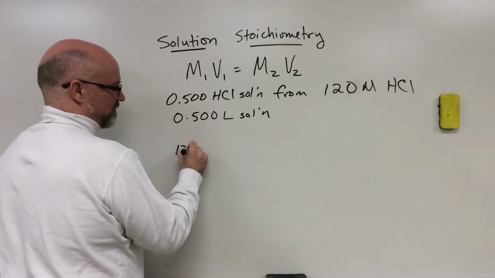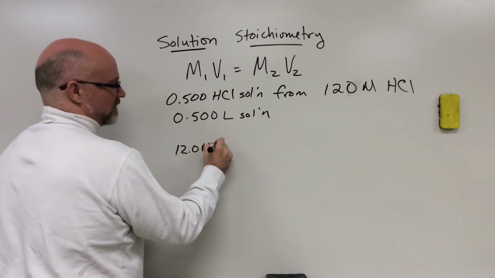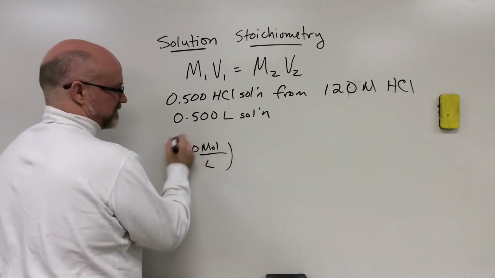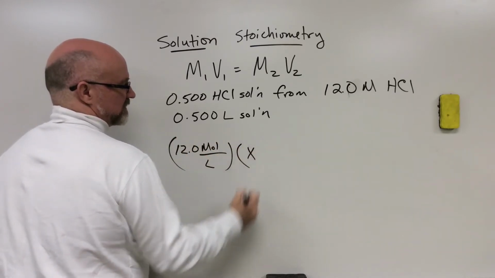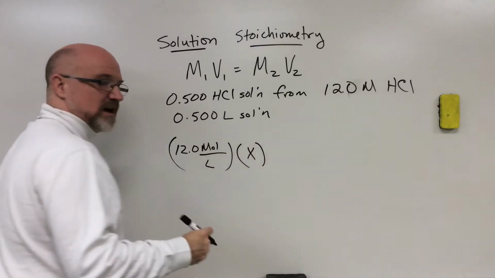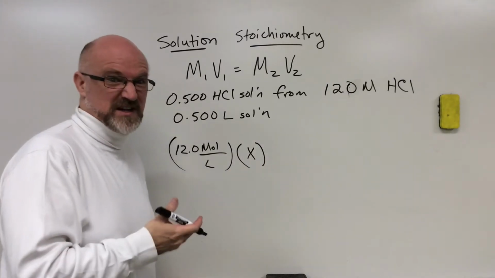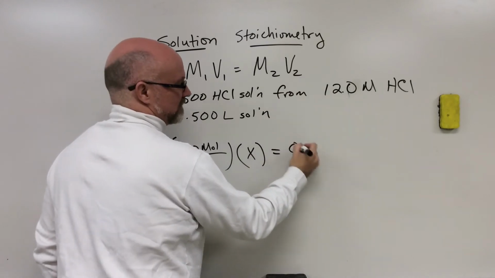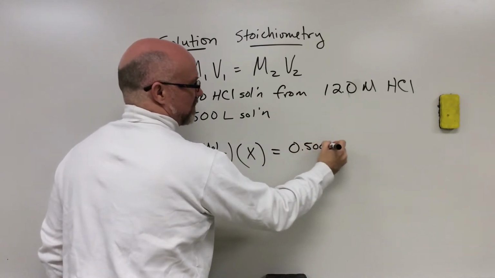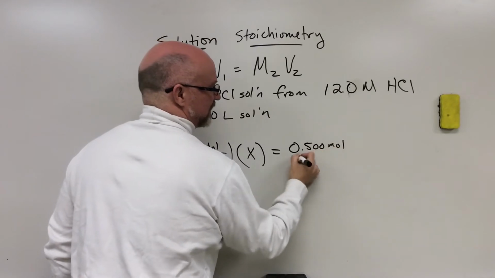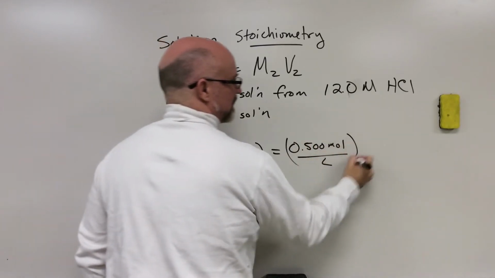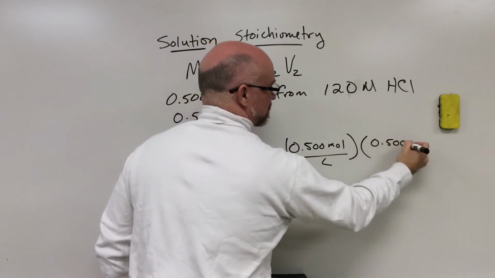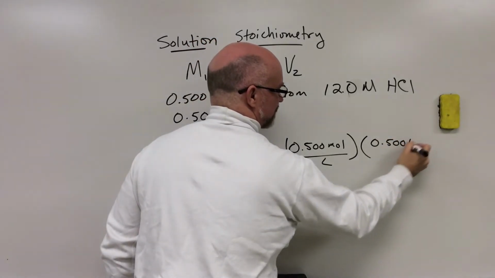I have a 12.0 molar solution, so that's moles per liter, times how much I need to take of that. That's what I need to solve for. If I want to end up with a 0.500 mole per liter solution, and I want 500 milliliters, or a half a liter of that.